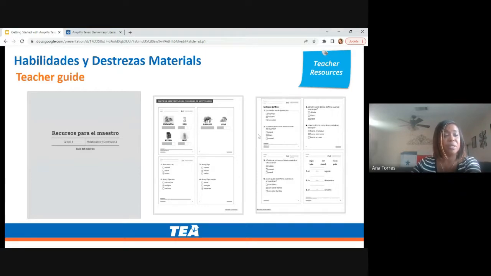So this teacher resources section, Recursos para el Maestro, you will find towards the end of the teacher guide, and it gives some really valuable information as well. Great resource that you have at your disposal.